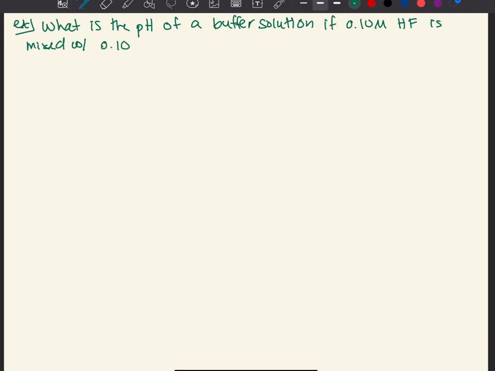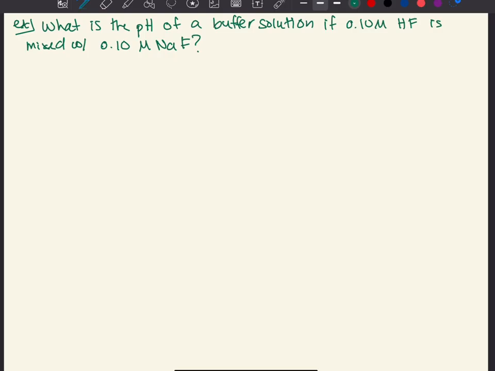What is the pH of a buffer solution if 0.1 molar hydrofluoric acid is mixed with 0.1 molar sodium fluoride?